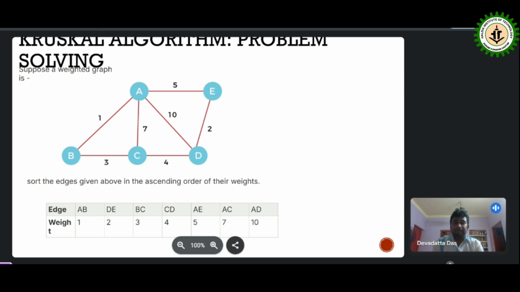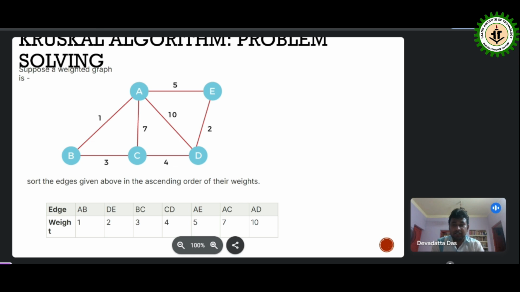Now we are discussing a problem that is solved by the Kruskal algorithm. So here is the graph in the question paper. I'm just giving the graph, and that is the whole cycle. So what can I do at first? In the Kruskal algorithm, the first step would be the edge relaxation.